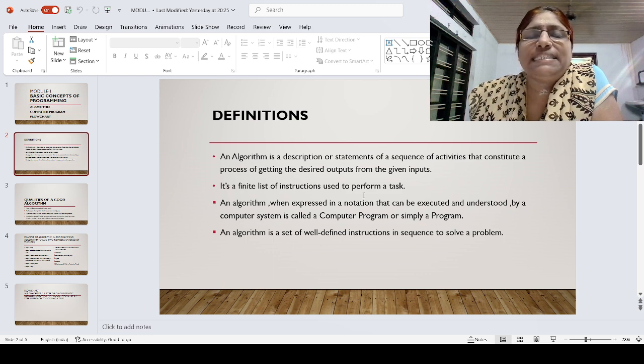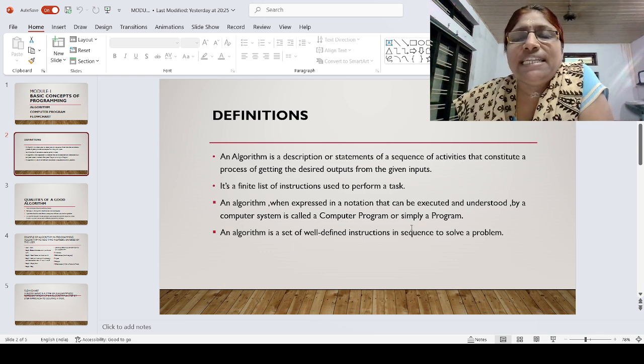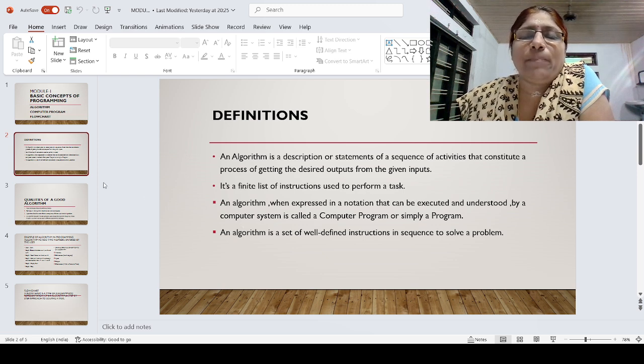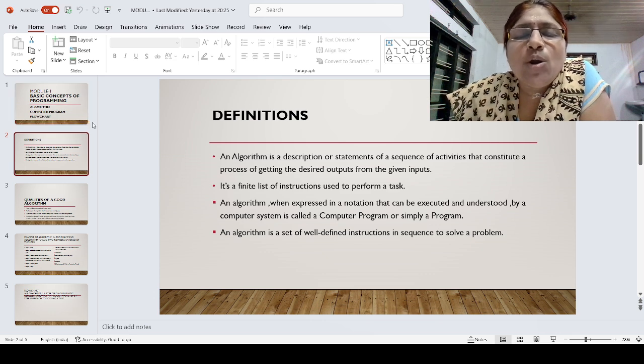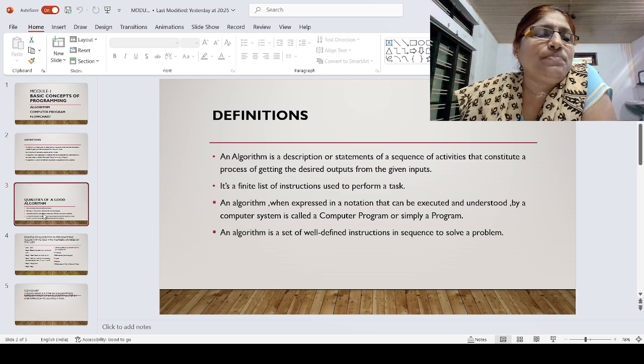An algorithm, when expressed in a notation that can be executed and understood by a computer system, is called a computer program or simply a program. An algorithm is a set of well-defined instructions in sequence to solve a problem.